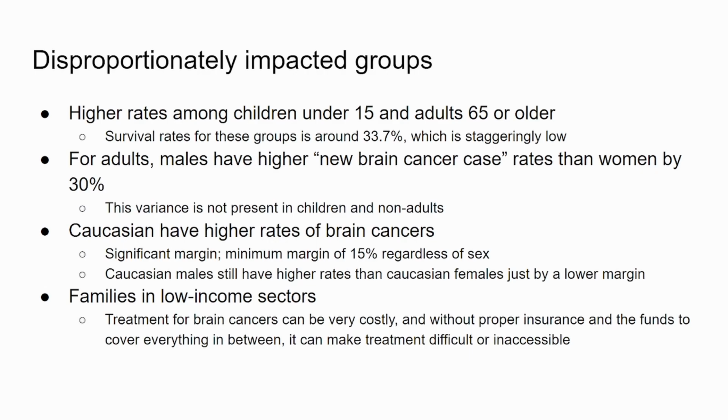Also, additively, while Caucasians have a higher new case rate, families in low-income sectors who can't afford the costly healthcare part of it will inevitably suffer higher casualties and have more intense quality of life impacts. What happens there is that it'll make treatment difficult or even inaccessible to those groups.